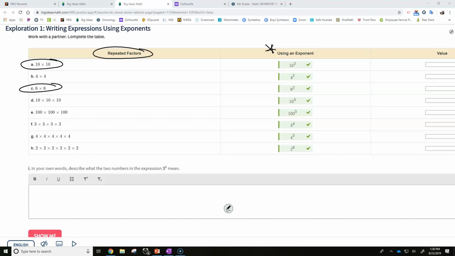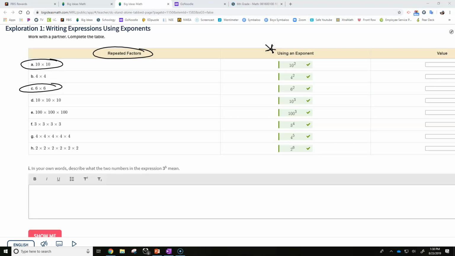We don't waste our time. We're too busy solving math problems. If we can shorten this up any, we will. So instead of writing 4 times 4 times 4 times 4 times 4, we just wrote 4 to the 5th, and it went that fast. So this is a way that mathematicians will shorten repeated factors.